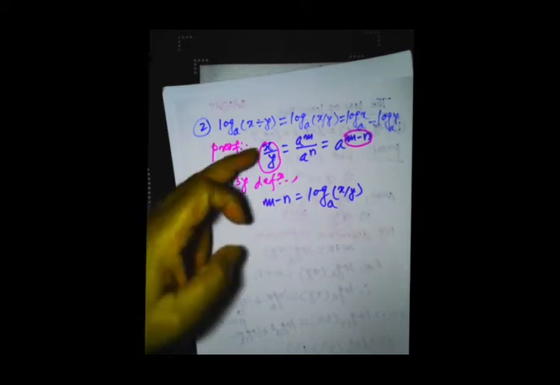So while finding the product rule, we multiply the exponential functions x and y, and for the division of the numbers we divide the exponential functions x and y.